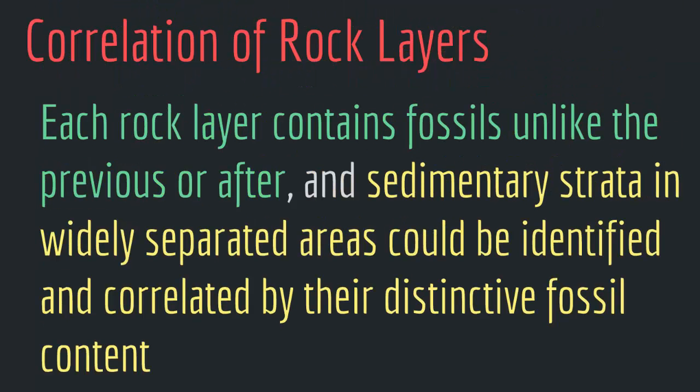So what is correlation of rock layers? Each rock layer contains fossils unlike the previous or after, and sedimentary strata in widely separated areas can be identified and correlated by their distinctive fossil content.